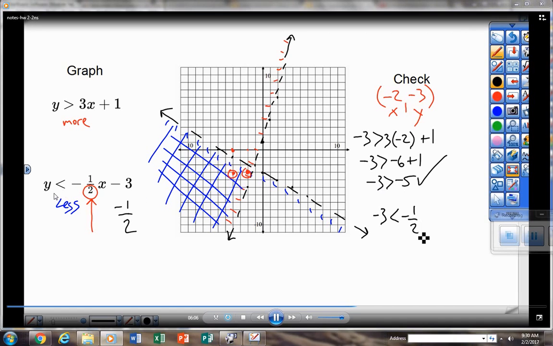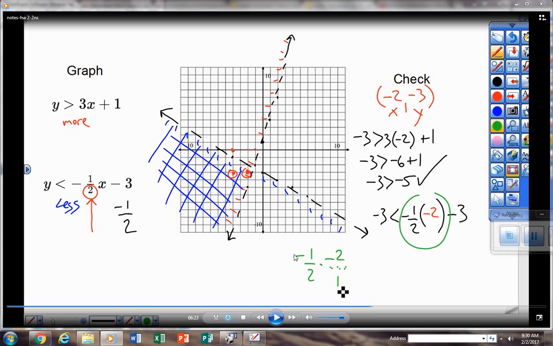Plug in negative 3 and negative 2 in the x and y in the second inequality. Negative 3 for y. Negative a half right there, part of the original. Negative 2 where x used to be. Over here I'm going to show you what I'm doing. Negative a half times negative 2, which is negative 2 over 1. You multiply straight across.